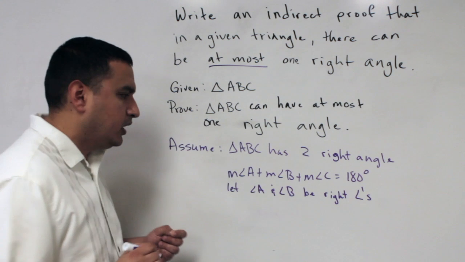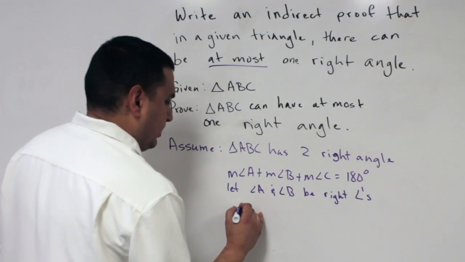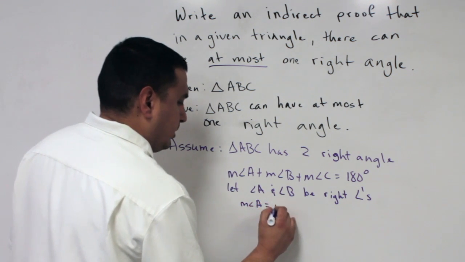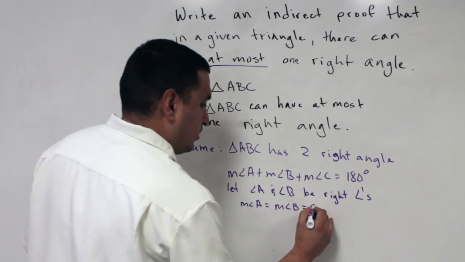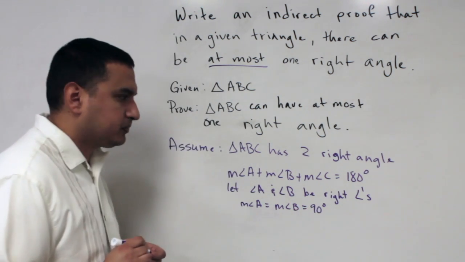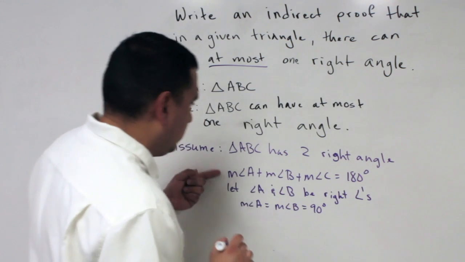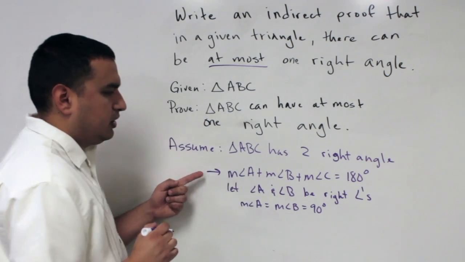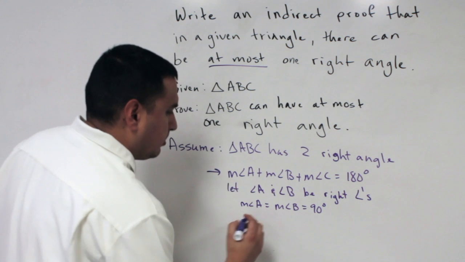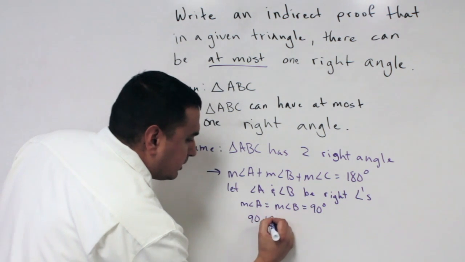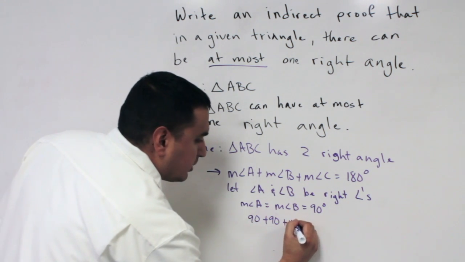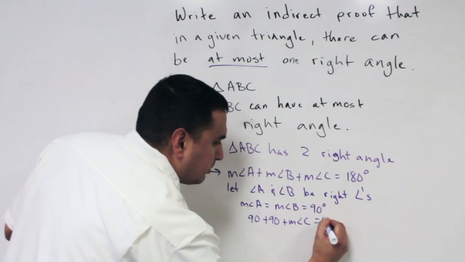So that means that the measure of angle A is equal to the measure of angle B, which are both 90 degrees. By substitution, I'm going to plug that into this triangle sum theorem. I'm going to have 90 plus 90 plus the measure of angle C has to be 180.